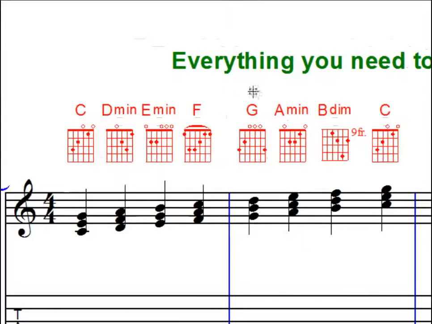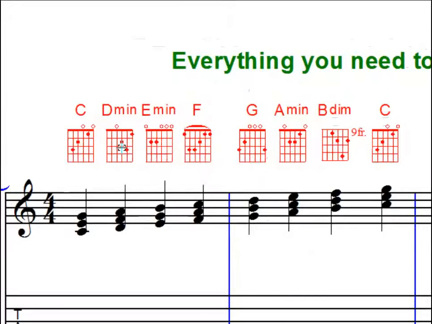Or is it functioning as a 3 chord, as it does in the key of F? Is it functioning as, well, actually in E minor you'd have F sharp, you'd have A, C. Yeah, it actually does function as a 4 chord in E minor. It does function as the 5 chord in D natural minor, so on and so forth.